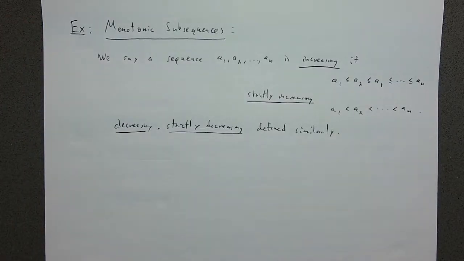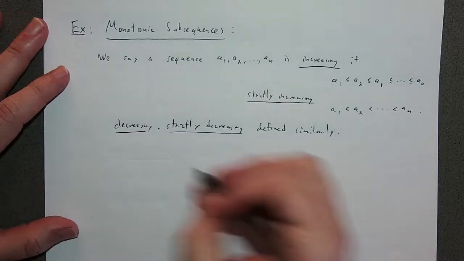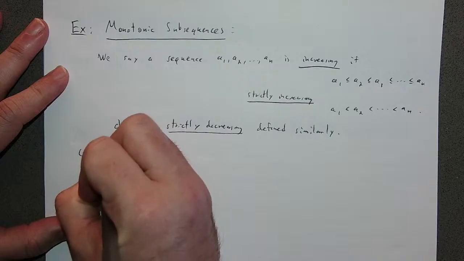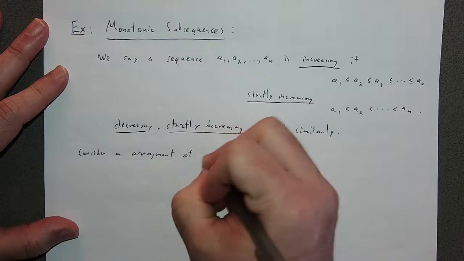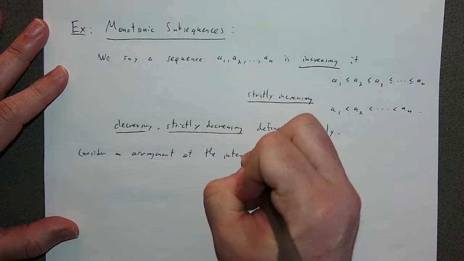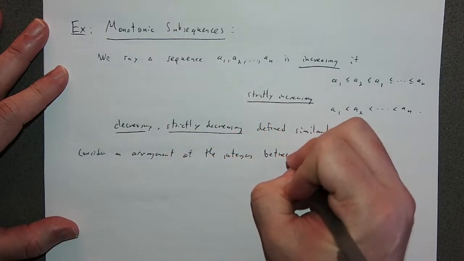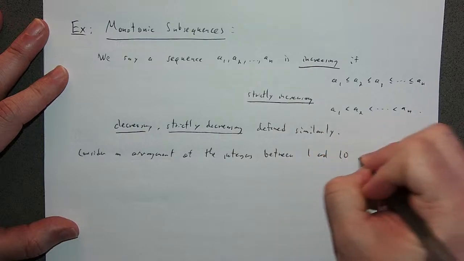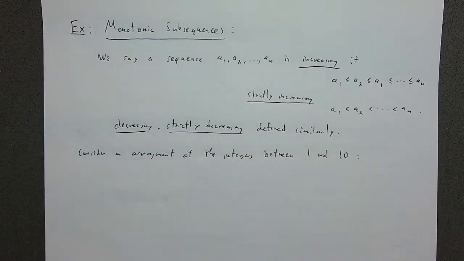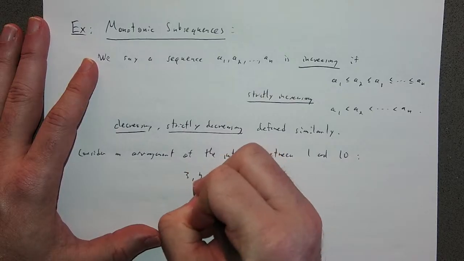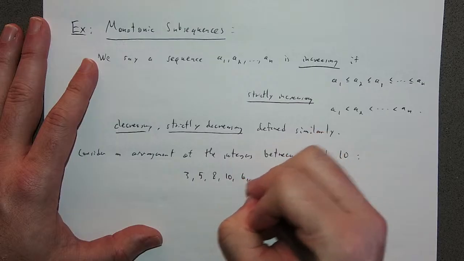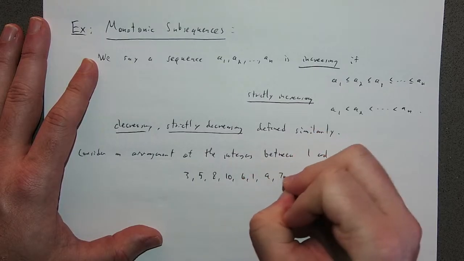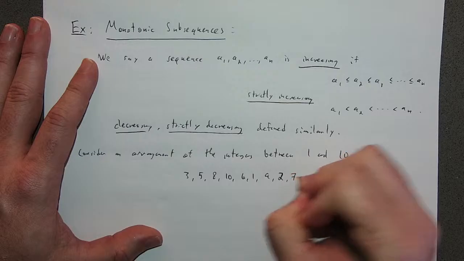All right. Now consider an arrangement of the integers between 1 and 10. For example, let's consider the following arrangement: 3, 5, 8, 10, 6, 1, 9, 2, 7, 4.